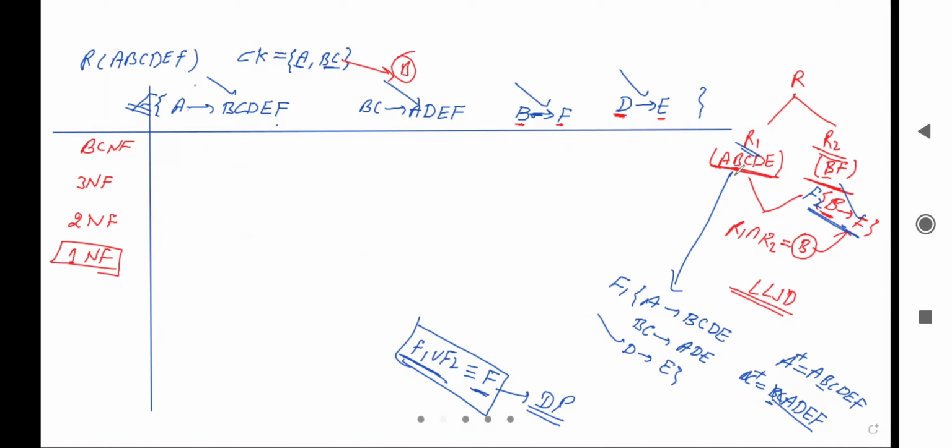So the functional dependencies are these: A goes to BCDE, and next is BC goes to ADE, and D goes to E, and one is B goes to F, right?